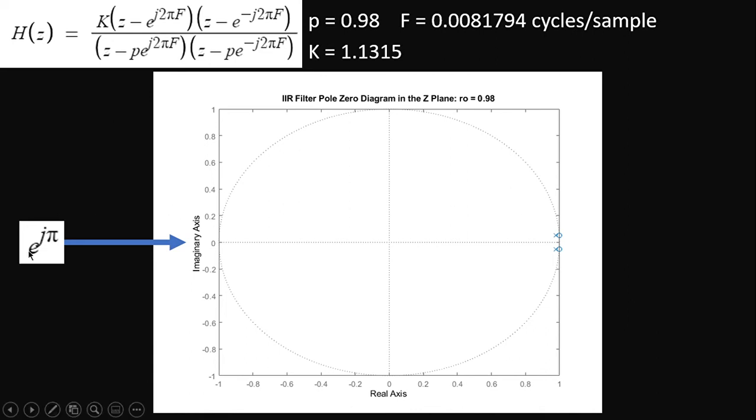Or for the positive and negative case, you get e to the plus or minus j pi, which will be the same as -1 for both of those, which is right here. So that's how we know that this side of the z-plane is the high frequency side of the z-plane. And so when you move your poles this direction to the right here, that's moving them away from the high frequency side of the z-plane. And what that's going to do is decrease the amplification at those high frequencies. So let's see proof of that in the Bode plot.